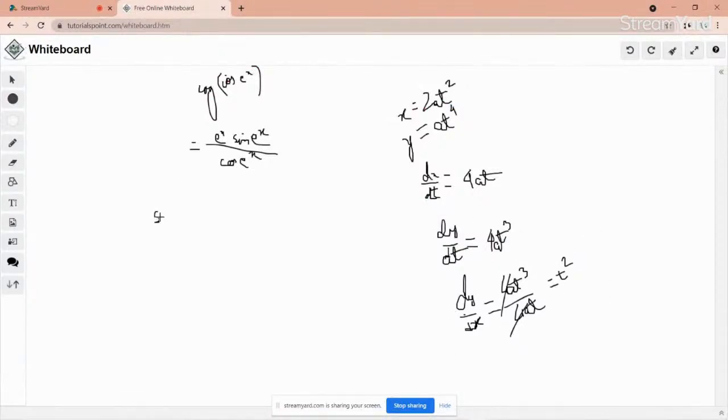Let's take y is equal to sin x, and we are told to find its dy dx. It will be equal to cos x, and second order derivative means you have to just differentiate it another time, and it is denoted like this.